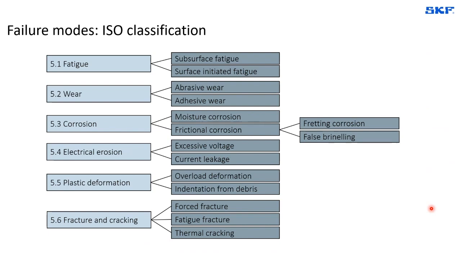But by no means should we take this as the list of all the failure types, and we should not force our failure to fit one of these classifications. There will be cases where that is not possible, and that is part of the normal process of identifying the failure.